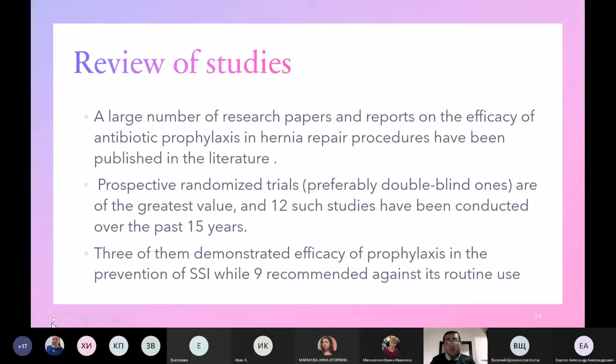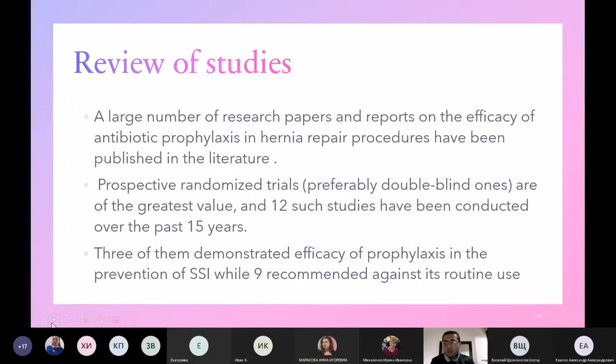I chose just one study, a prospective and randomized trial, preferably double-blind, which is of the greatest value. 12 such studies have been conducted over the past 15 years. 3 of them demonstrated the efficacy of prophylaxis in the prevention of surgical site infection, while 9 of them recommended against its routine use.